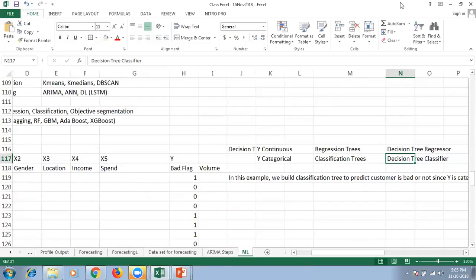Okay guys, let's do one thing. I'm giving you two options. We need to finish this part and the ensemble learning part.